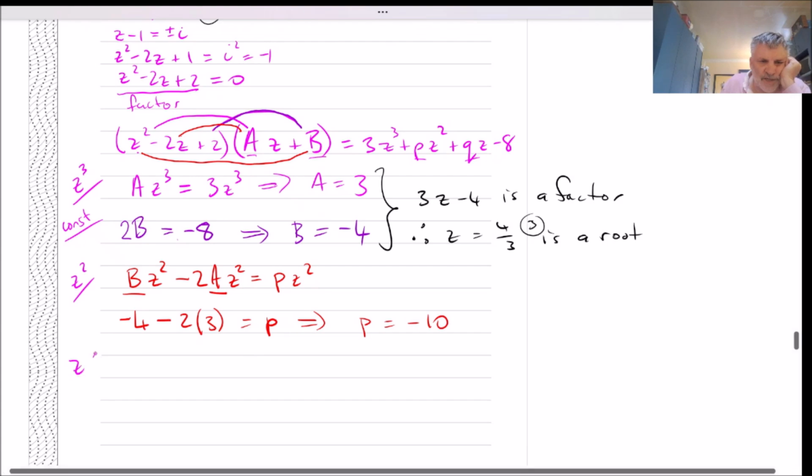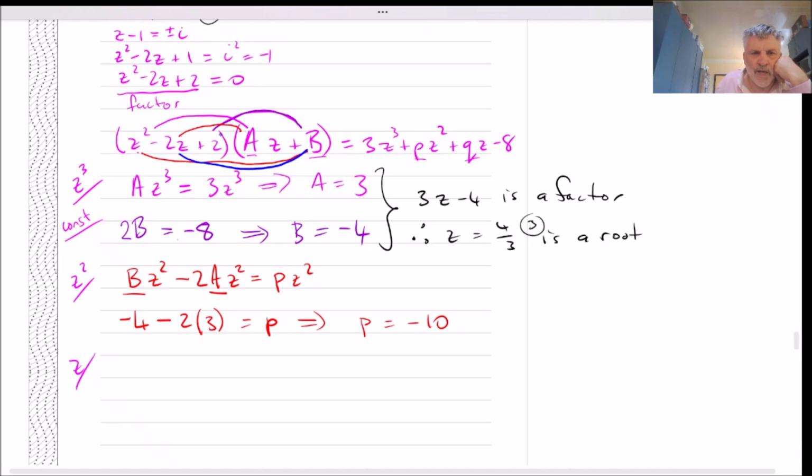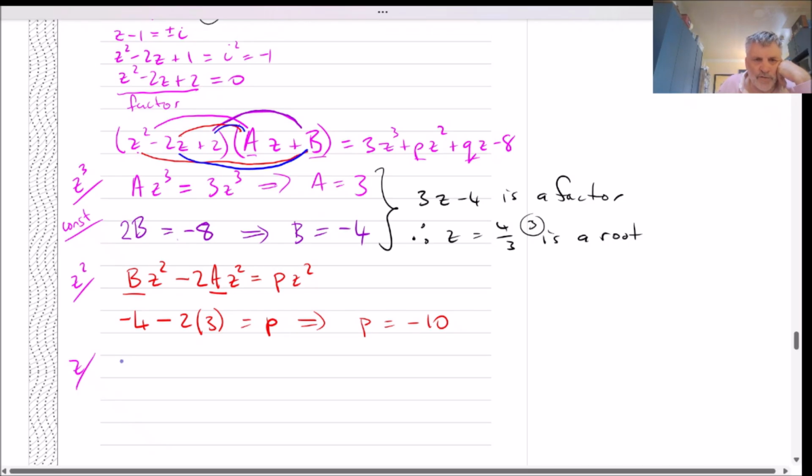And if we look at the z coefficient, the way to get a z coefficient is minus 2z times b and 2 times az. So we get minus 2bz plus 2az has to equal qz.